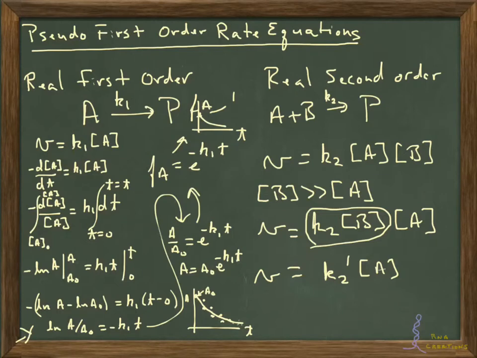Okay, pseudo first order, you can do the same thing, because this equation here is equivalent mathematically to that equation up there, right? It's just that K1 is now equal to K2 prime.